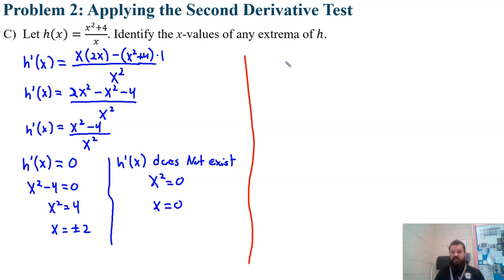All right, so next up, let's find the second derivative. H double prime of x will be equal to, going down to this guy here, denominator normal, so x squared, times derivative of my numerator, just the 2x once again, minus my numerator, x squared minus 4, we're subtracting the whole thing, times derivative of my denominator, 2x once again, all over x to the 4th.